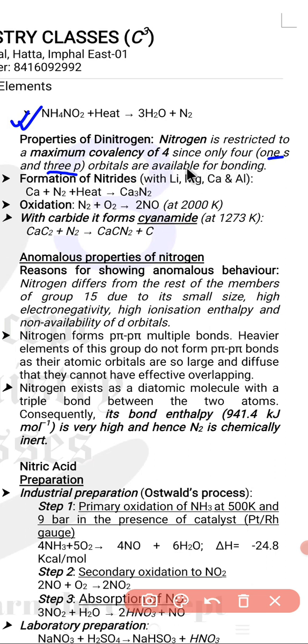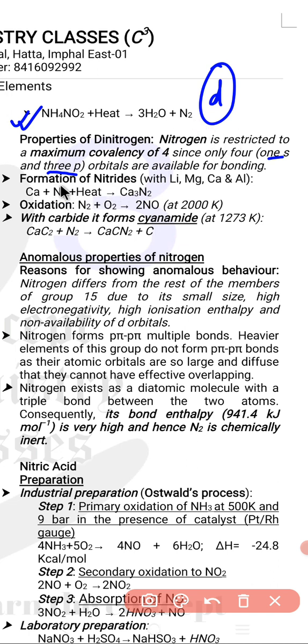Due to this reason, indirectly you can say we do not have d subshell or d orbitals in nitrogen. Therefore, nitrogen cannot be pentavalent or have covalency of more than 4. Question can be anything like that.